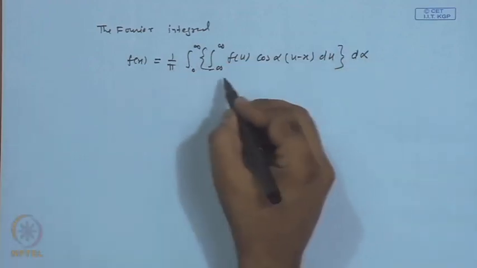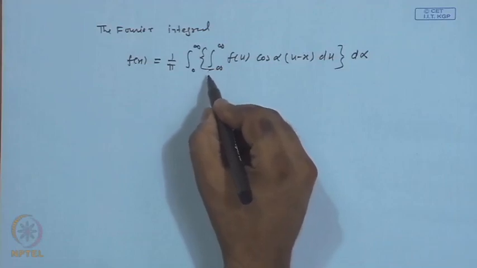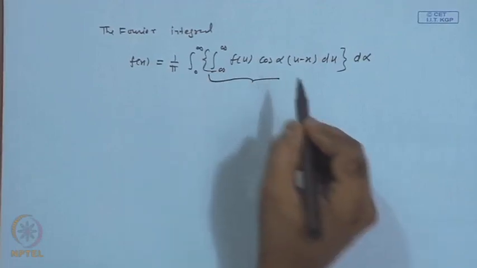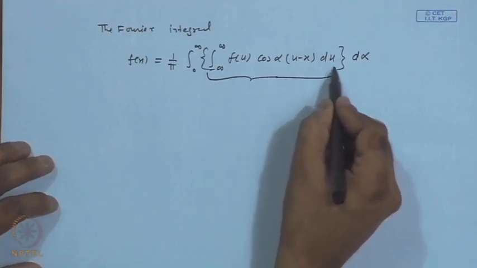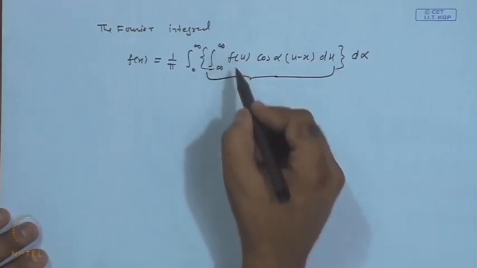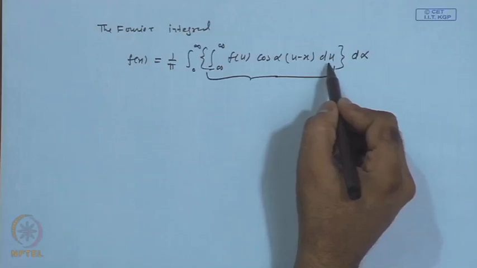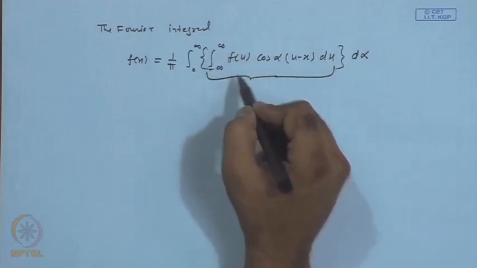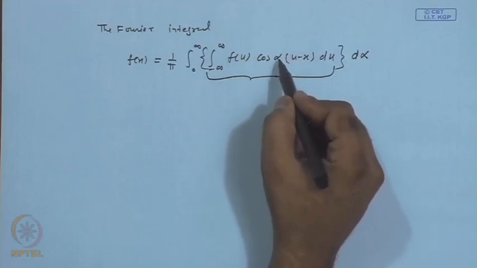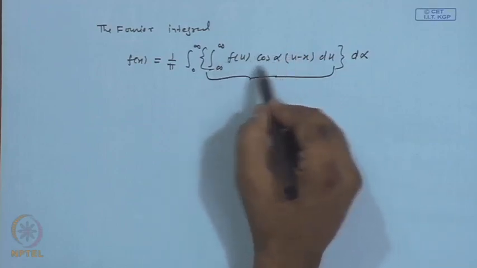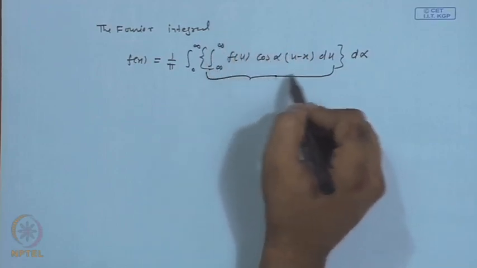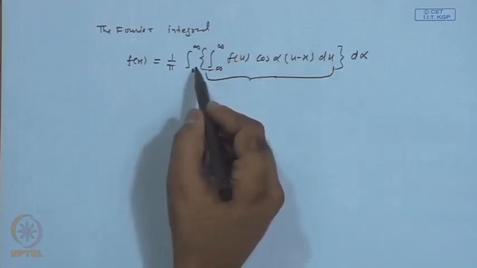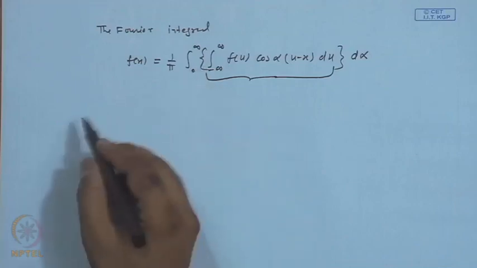Okay, now we note that this integral from minus infinity to plus infinity of f u cos alpha u minus x du is an even function of alpha, because if we change this alpha by minus alpha, this integral will remain the same. So, what can we write in this case?